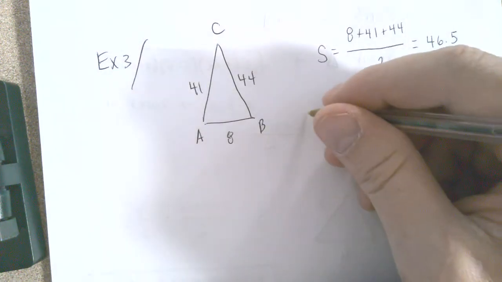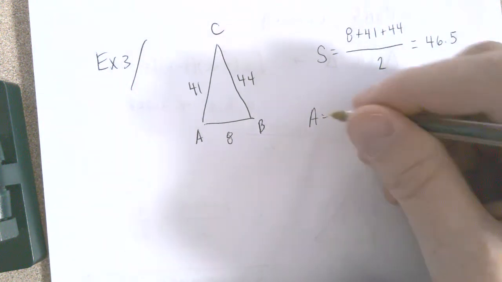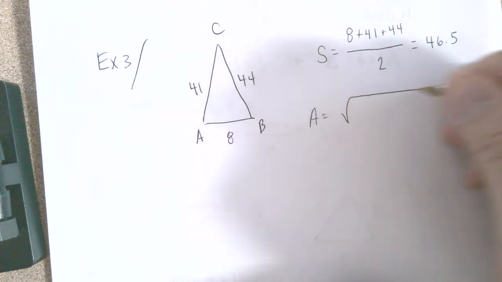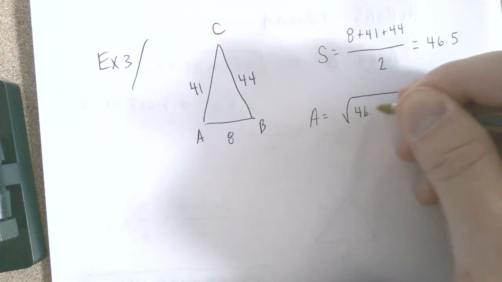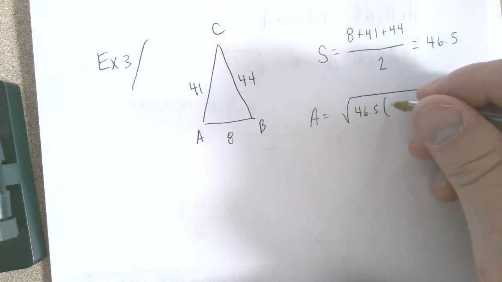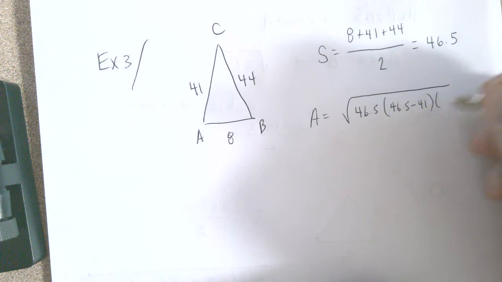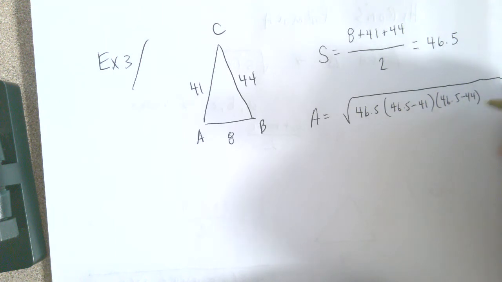And we're going to use Heron's formula. So area equals the square root of 46.5 times 46.5 minus 41, times 46.5 minus 44, and 46.5 minus 8.